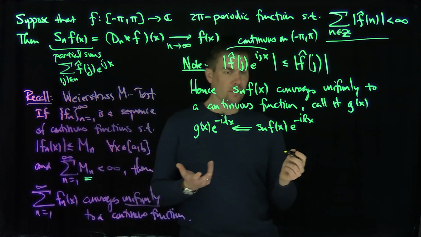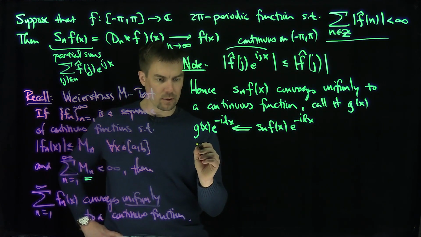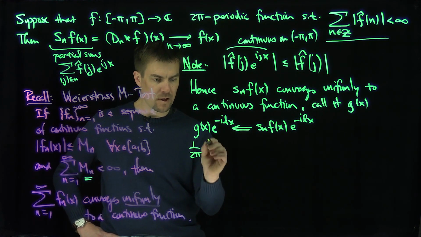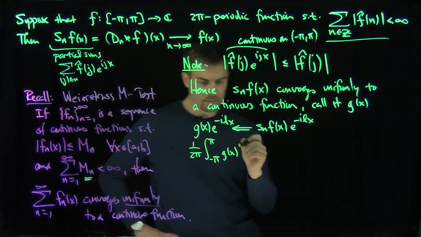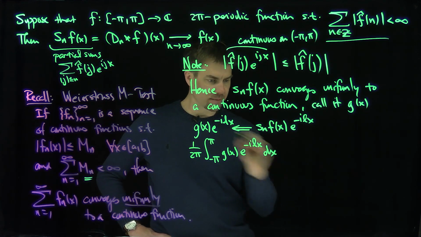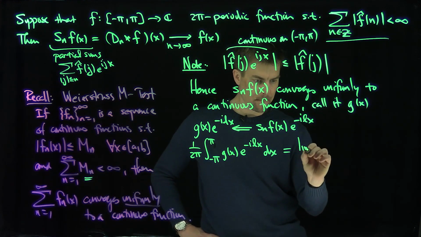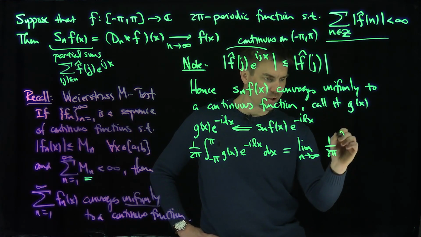And therefore, if I integrate this, what's this going to give me? That tells me that the integral, 1 over 2π, the integral from -π to π of g of x e^{-iLx} dx, is the limit as n goes to infinity of these integrals, by uniform convergence.